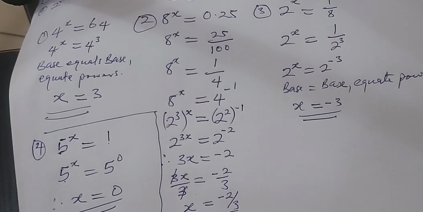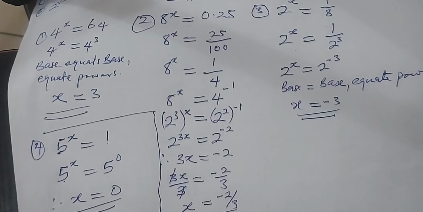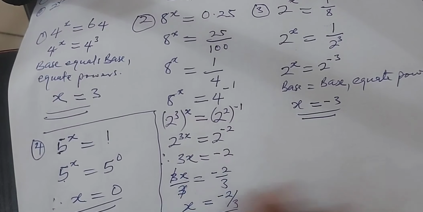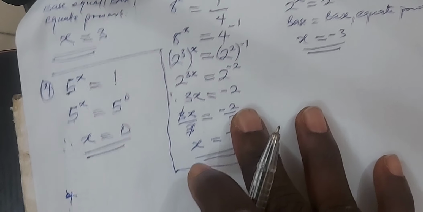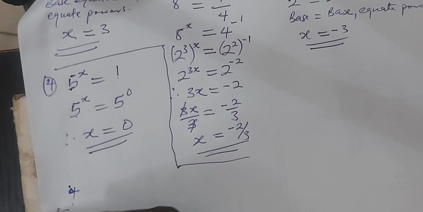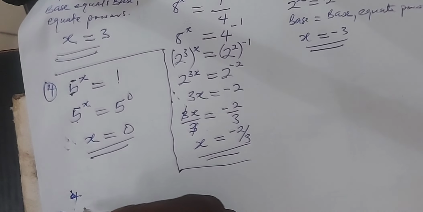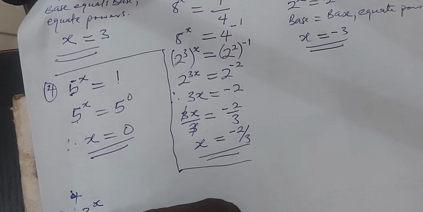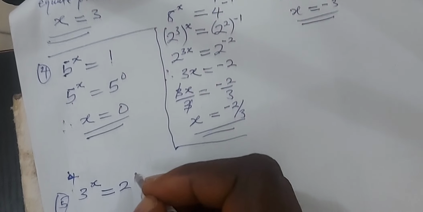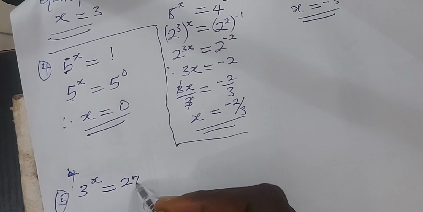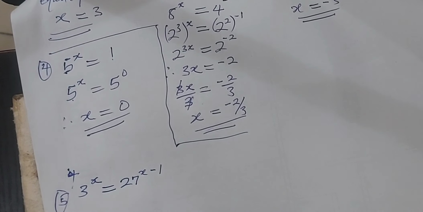Also, let's take number 5. We have 3 raised to the power of x equals 27 raised to the power of x minus 1.